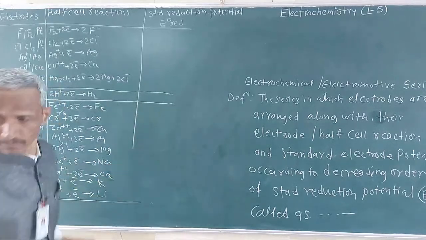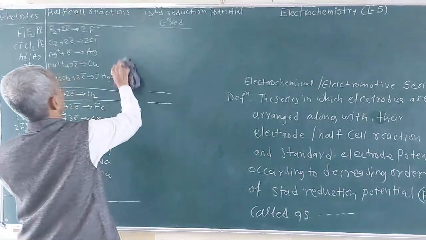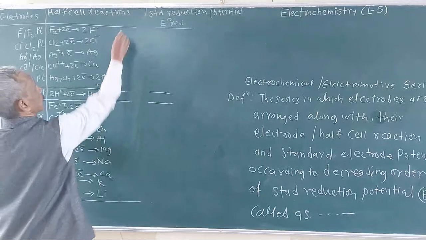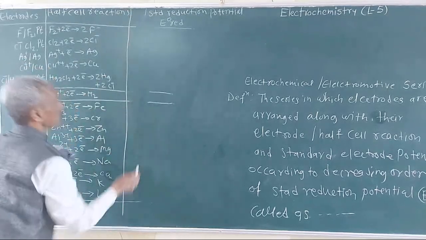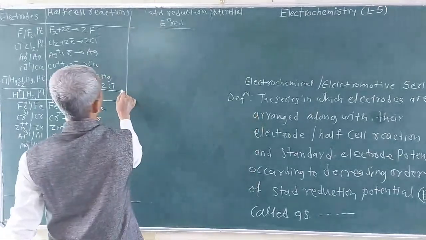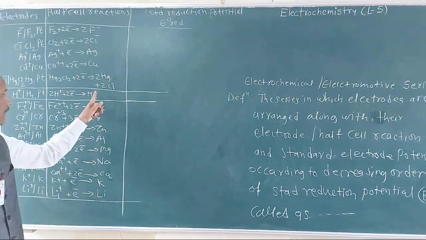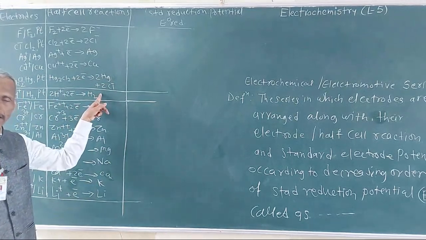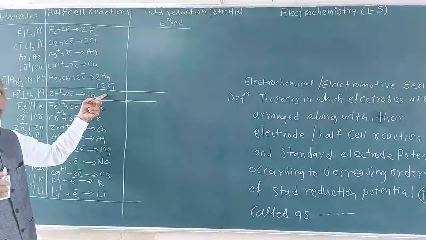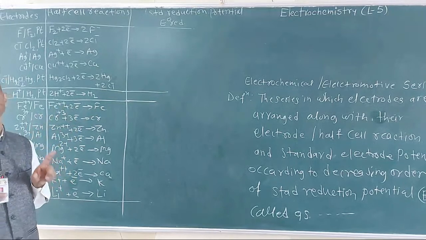Now consider the reduction potential of these. As discussed, this hydrogen electrode is taken as a reference electrode, and when compared to the hydrogen electrode, the electrode potentials of all other electrodes are determined.